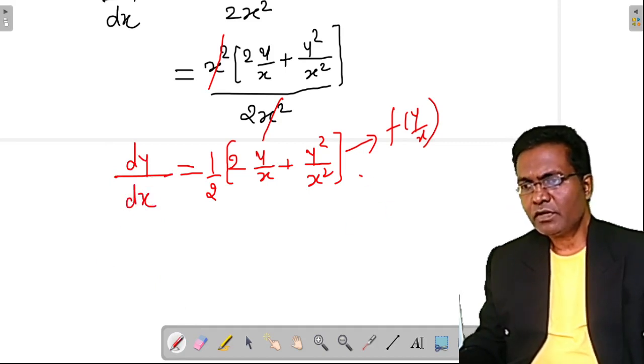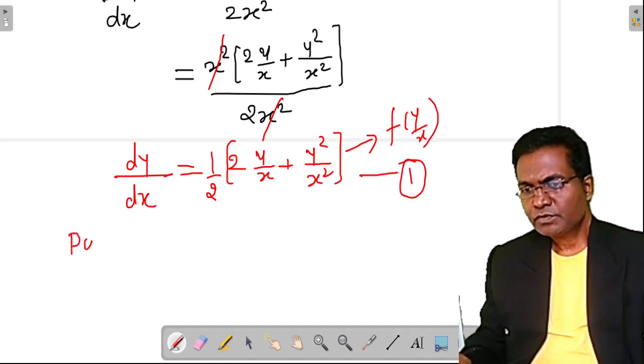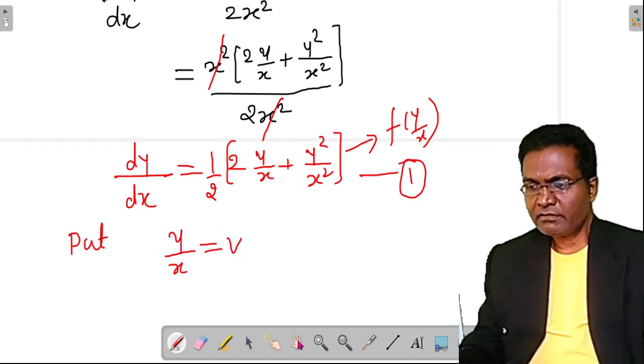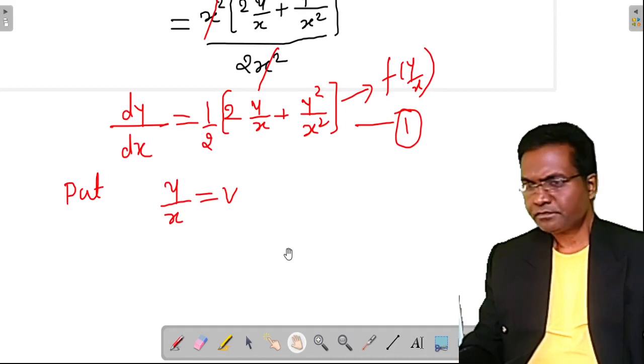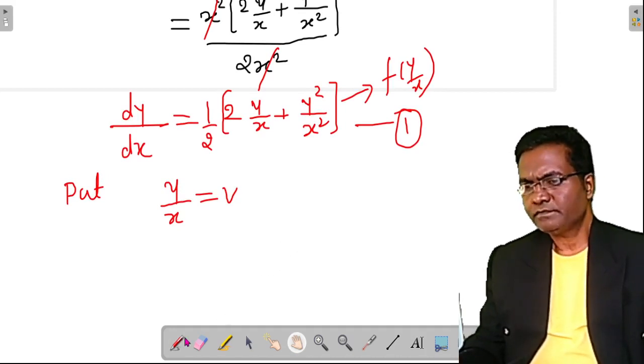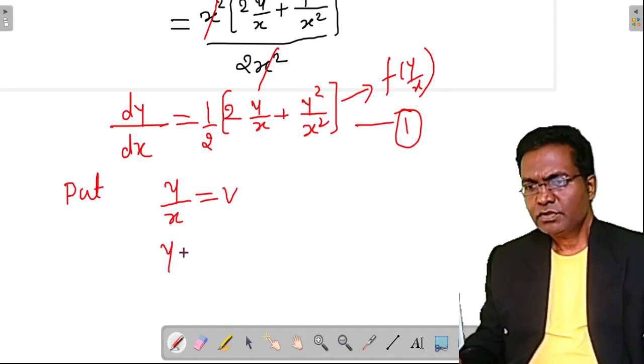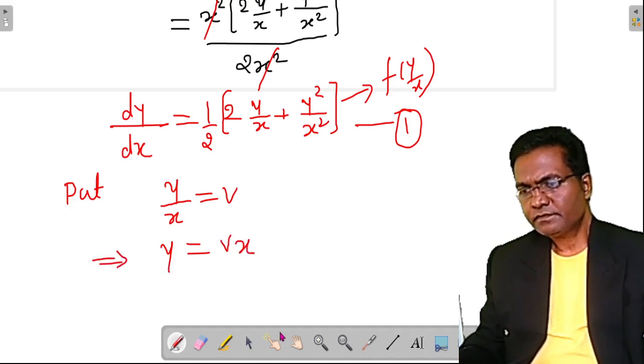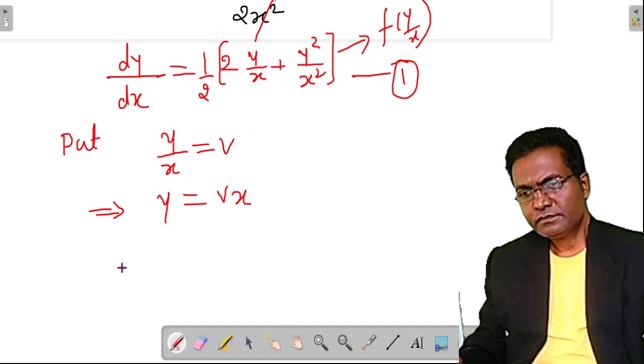Okay, so therefore I can call it 1, and make the substitution. So put y by x equals v. Unless you identify the type of equation, it is tough to solve. So this implies y is equal to vx, differentiate with respect to x.